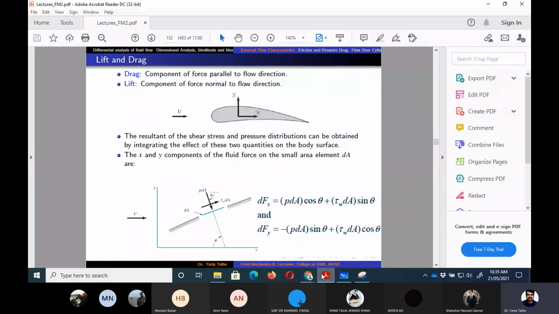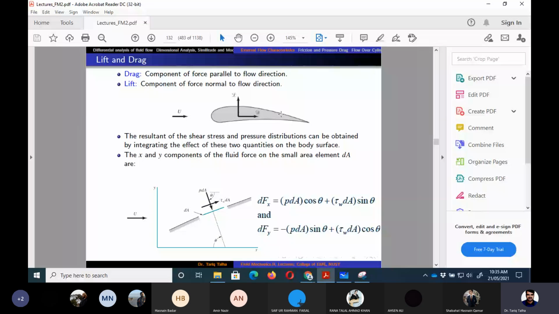There are certain characteristics of flow which we need to determine and analyze in the case of external flow. Two major characteristics are lift and drag force. This is just a brief recap of the last class.